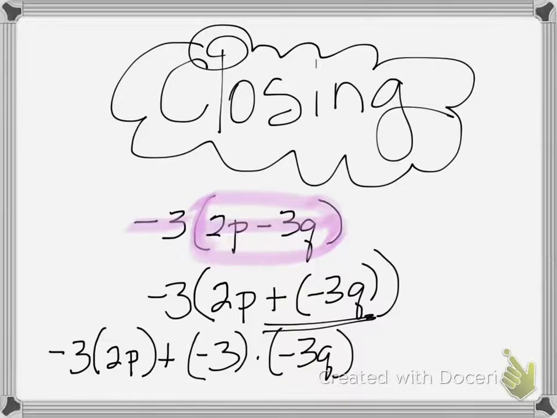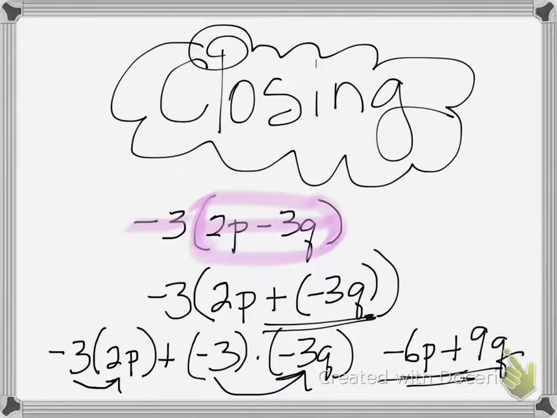And when we distributed that out, of course, negative 3 times the 2p was negative 6p, and then we just added the negative 3 times the negative 3 was positive 9q. So every term inside the parentheses was multiplied by negative 1 when we're using the distributive property and finding the opposites.